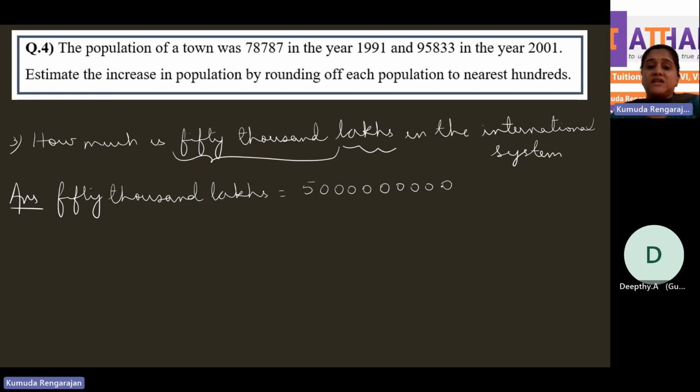Now you need to write this in the international system. So ones, tens, hundreds, thousands, 10,000s, 100,000, million, 10 million, 100 million, billion. So it is 5 billions. 50,000 lakhs in the Indian system is 5 billions in the international system.